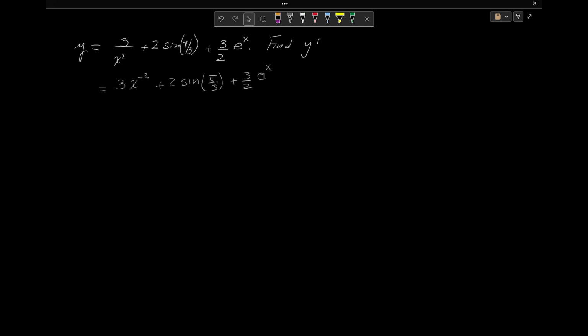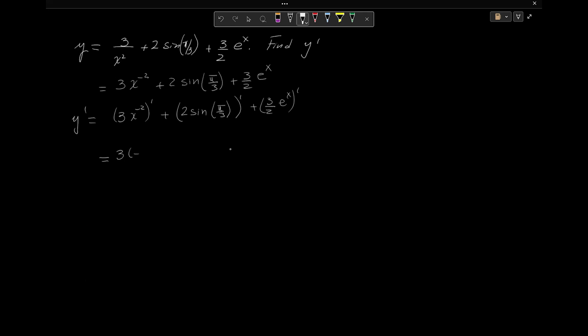So now we take derivatives. It's basically the derivative of the first term plus the derivative of the second term plus the derivative of the third term. Derivative of first term, we have a constant. Again, it comes along for the ride.